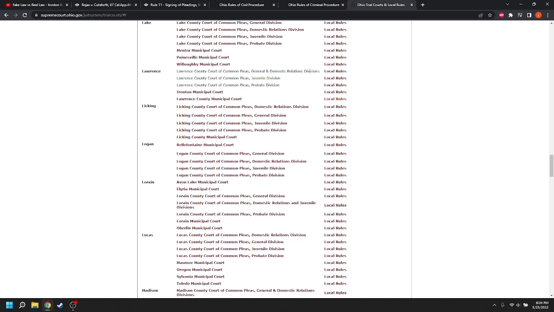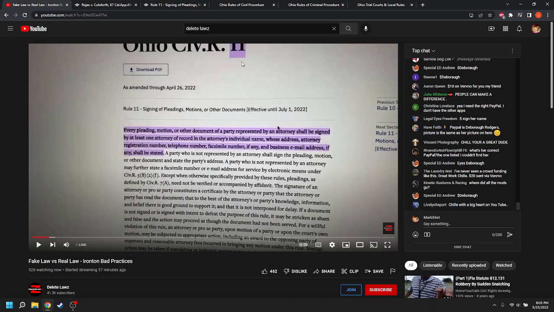And you can see that there are 1, 2, 3, 4, 5 sets of local rules. So you're going to have to actually find the correct set of local rules for the particular court that you're going to be in. So that's your little lesson in, I guess, procedure.